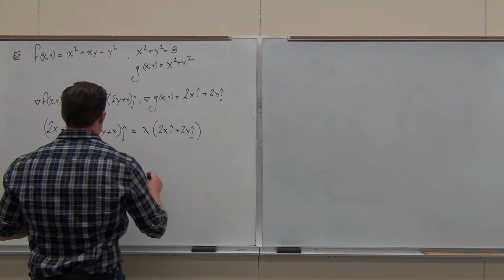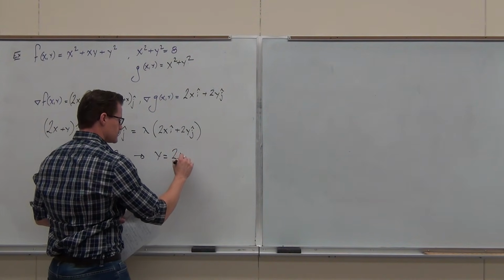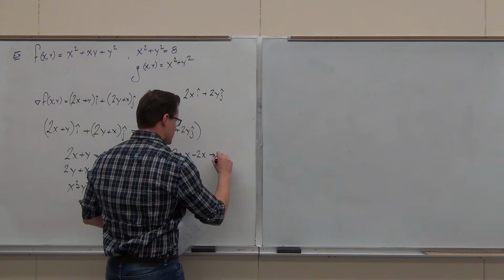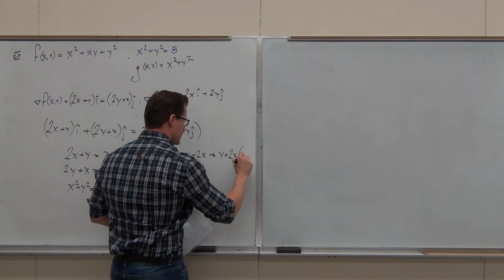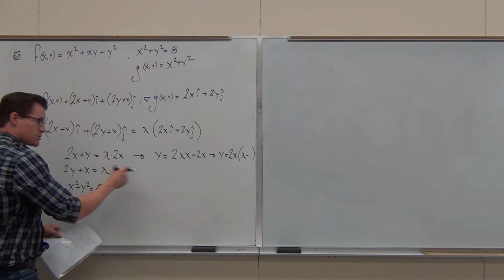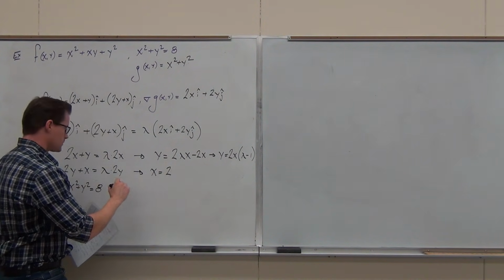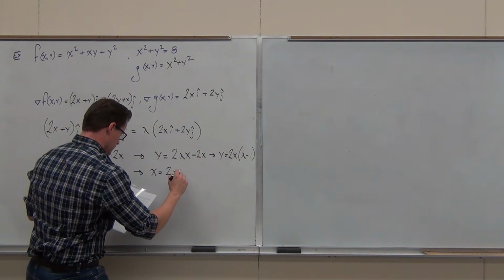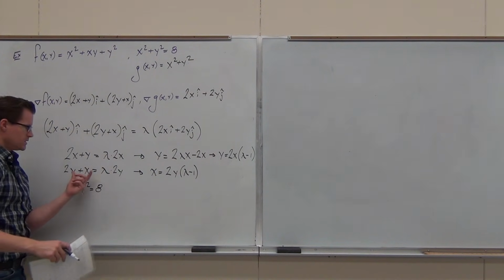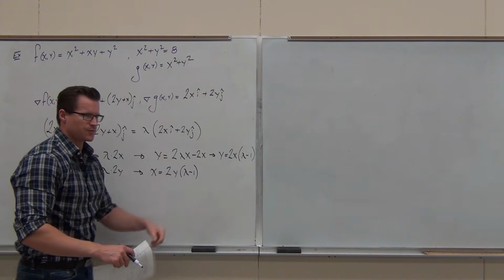So the technique. This one, I would solve for y. And I'm going to factor out 2x. So we get y equals 2x(lambda minus 1). This one I'm going to solve for x. If we do that, we get this: solve for x, subtract the 2y, factor in the same way.